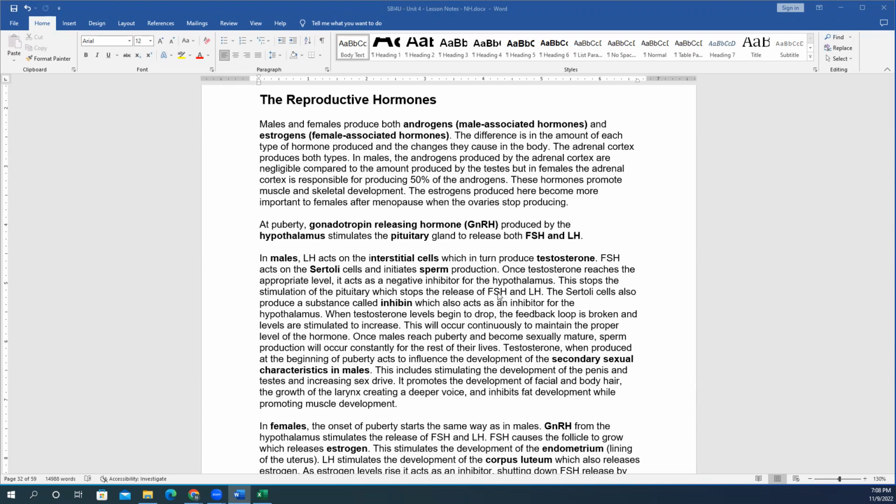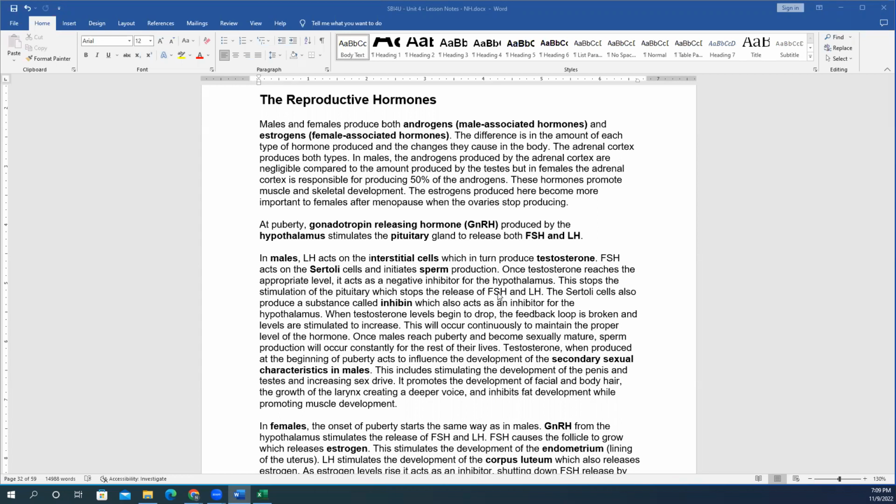Once testosterone levels reach appropriate levels, the testosterone acts as a negative inhibitor at the hypothalamus, stopping the stimulation of the pituitary, which in turn stops the release of the luteinizing hormone and the follicle-stimulating hormone. The Sertoli cells, which are responsible for sperm production, also produce a substance called inhibin, and inhibin also acts as an inhibitor for the hypothalamus.